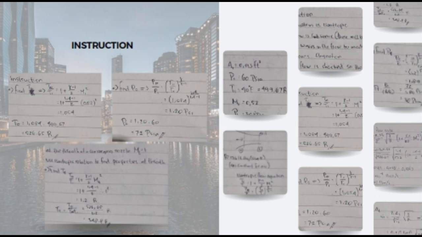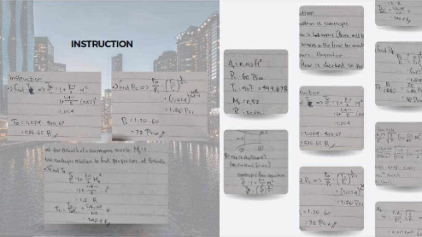So next is the construction. For the construction, first we have to find the T0. To find the T0 we use the equation T0 per T1 equal to 1 plus lambda minus 1 per 2 times M1 squared.